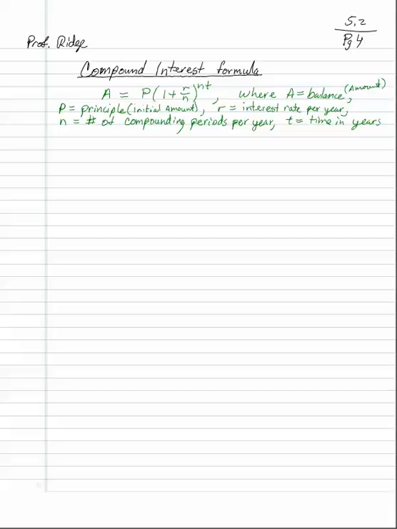R is your interest rate per year. N is the number of compounding periods per year, and t is in years. If you're going to compound monthly, there's 12 months in a year, so n would be 12. If you do it daily, there's 365 days in a year, so n would be 365.